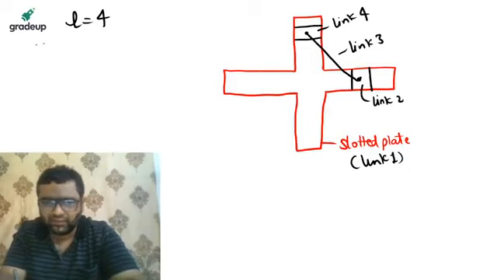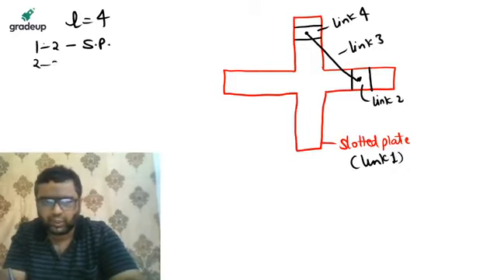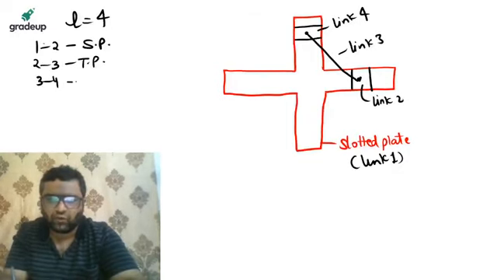Between 1 and 2 there is a sliding pair. Between 2 and 3 there is a turning pair. Between 3 and 4 there is a turning pair. Between 4 and 1 there is a sliding pair.